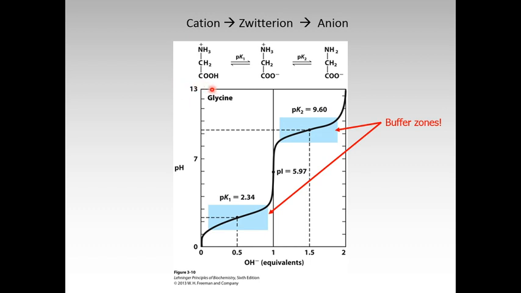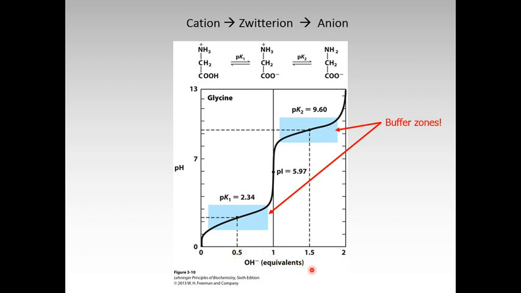The two ionizable groups of glycine, the carboxyl group and the amino group, are titrated with a strong base such as sodium hydroxide. And so, as you remember, the titration curve has pH on the y-axis and the OH minus equivalent on the x-axis, OH minus coming from sodium hydroxide.